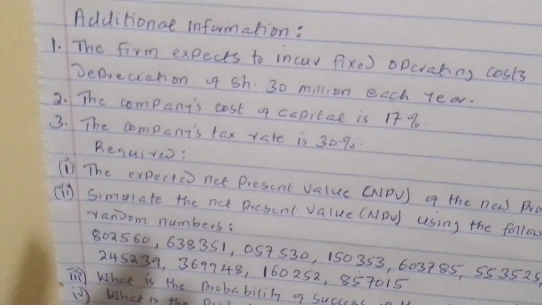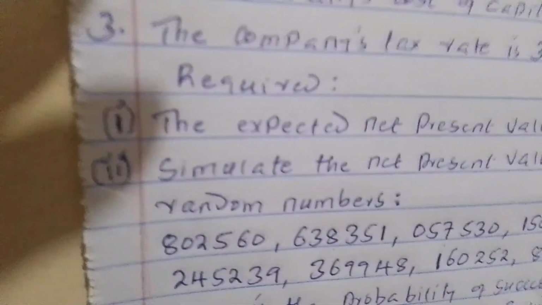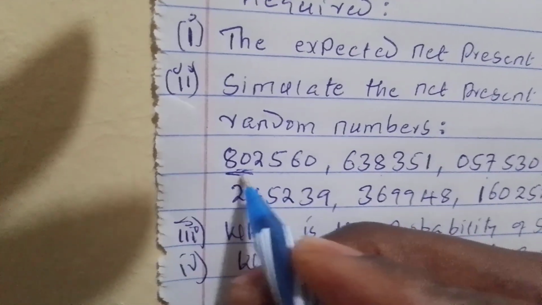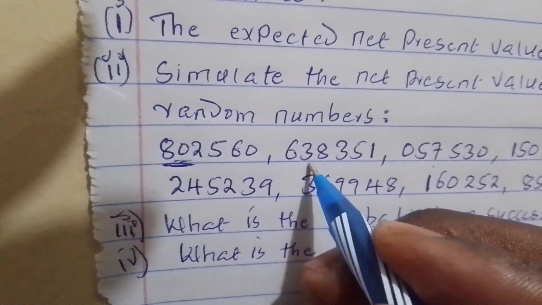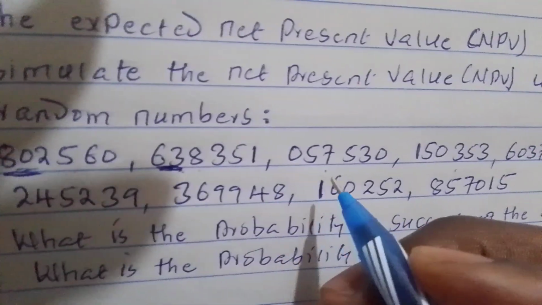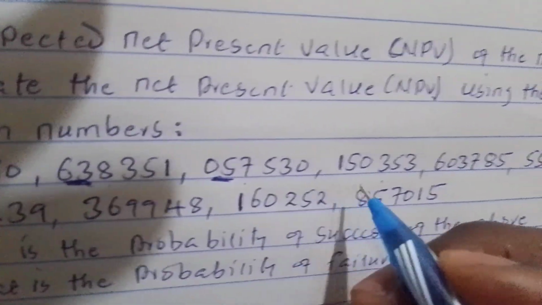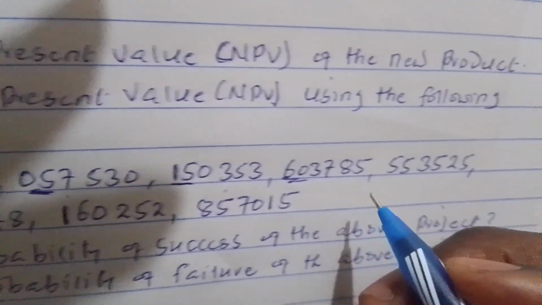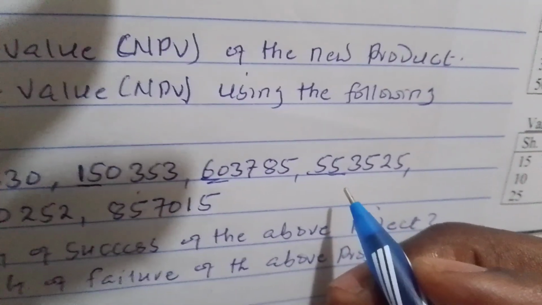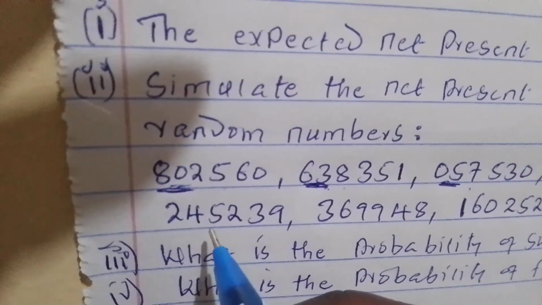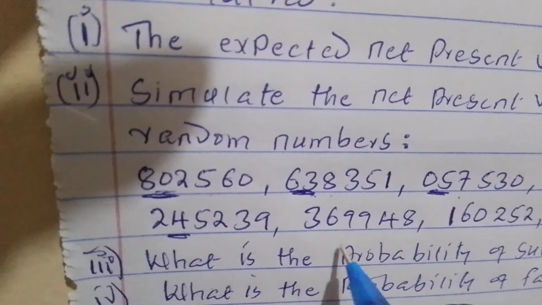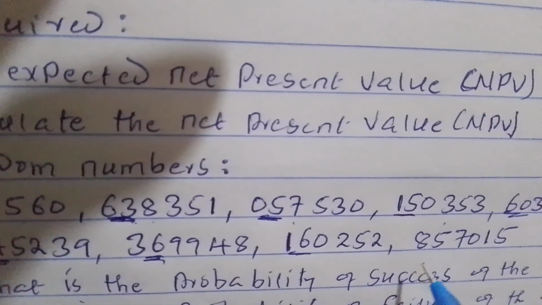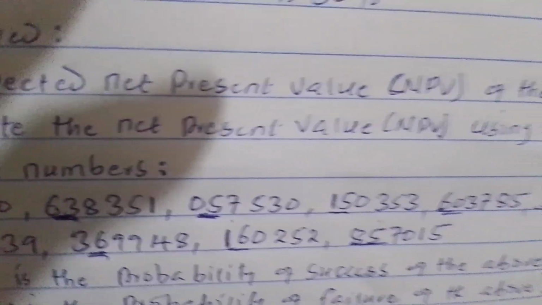I go now to my random numbers. See what I will do here. I'll take 80, then 63, then 05, then 15, then 60, then 55, then 24, then 36, 16, and 85.